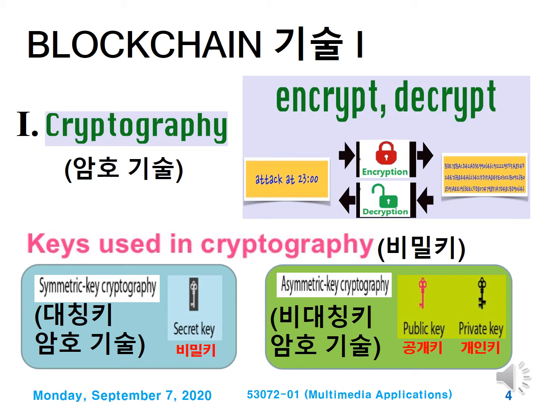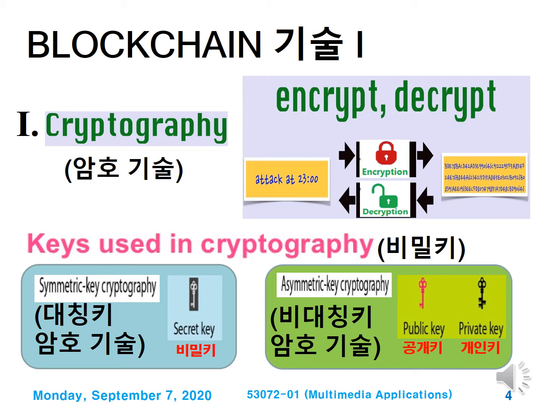On the other hand, asymmetrical key cryptography uses two different keys, that is, a public key and a private key.